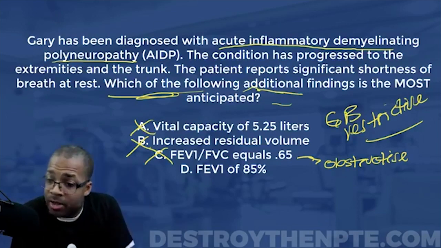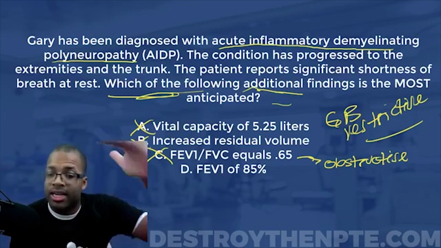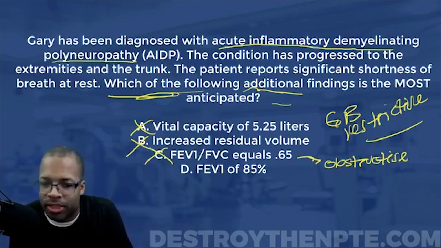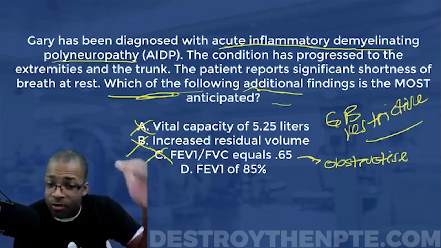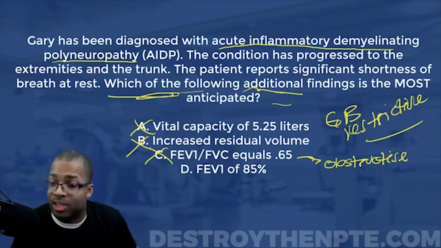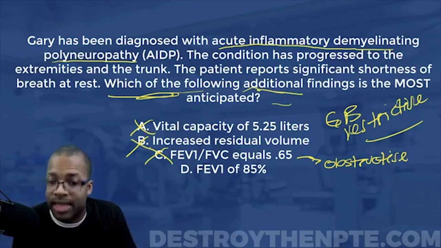We're not able to get out as much air in 1 second, and so you see that the percentage actually will decrease. You start to see it go 70 and 50 and 30, depending on how bad the obstructive condition is. Now, the higher the number, the more it tells you that this person's able to get out that air pretty quickly, with nothing obstructing the air getting out.